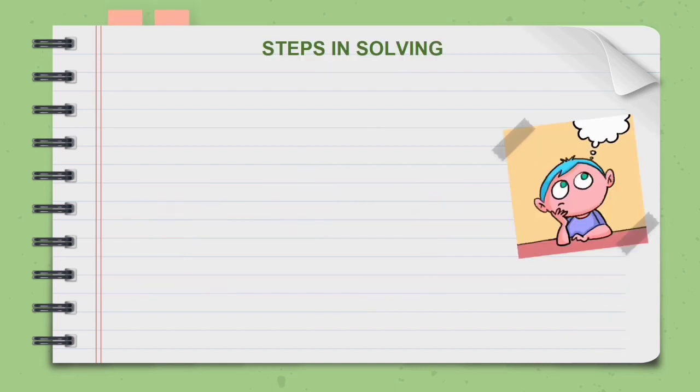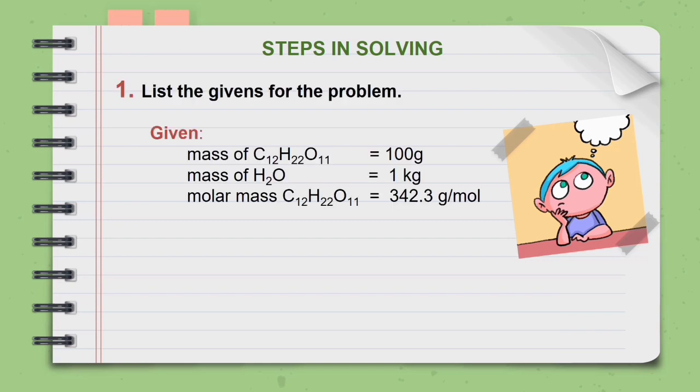So for problem number 1, first step is to list the givens for the problem. The givens in this step are: 1, the mass of the sugar, which is 100 grams; 2, the mass of the water, which is 1 kilogram; and thirdly, the molar mass of sugar, which is 342.3 grams per mole. Second step is to determine the formula.